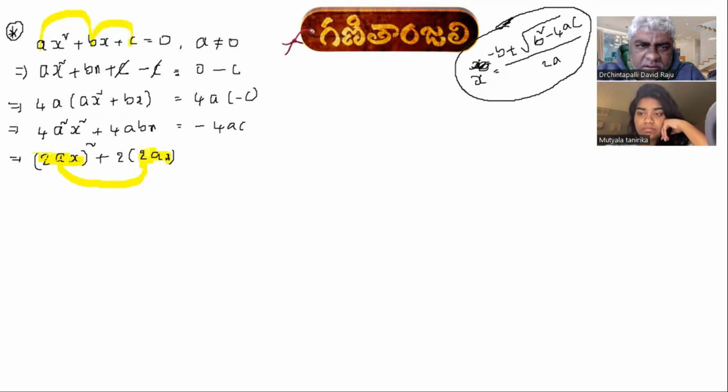What is to be multiplied with 2ax to make it 4abx? b, sir. Yes, it should be multiplied by b only, right?